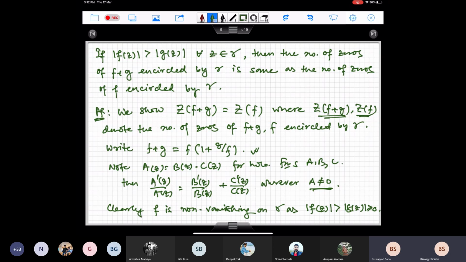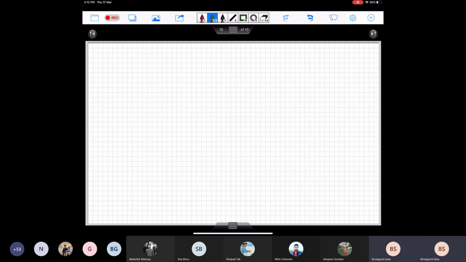Therefore all these functions are holomorphic and non-vanishing on gamma.